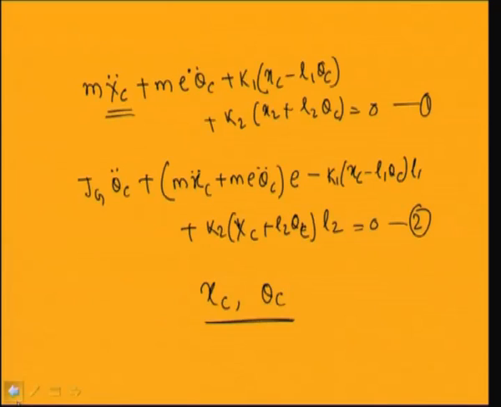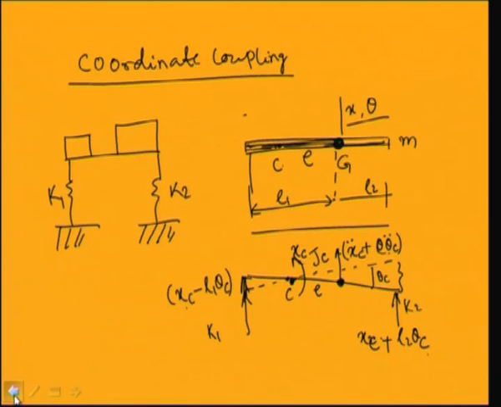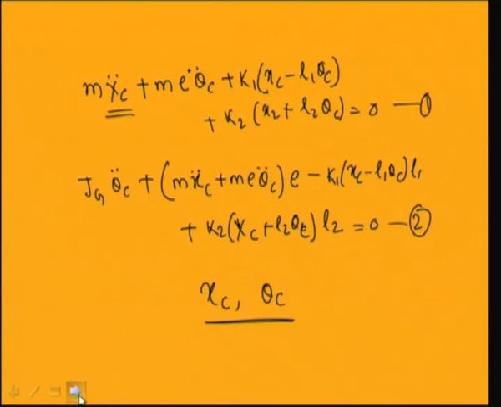So if I take L1 equal to 0, that means point C coincides with the left end, then the equation of motion will become, so you can see that L1 if I take it 0, in that case this equation becomes like this.